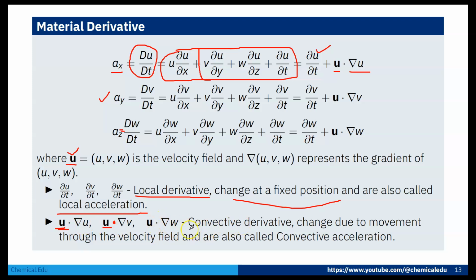These are the convective derivative, the convective terms, which give the change due to movement through the velocity field, also called convective acceleration. So these are the convective acceleration, and this other term is the local acceleration.